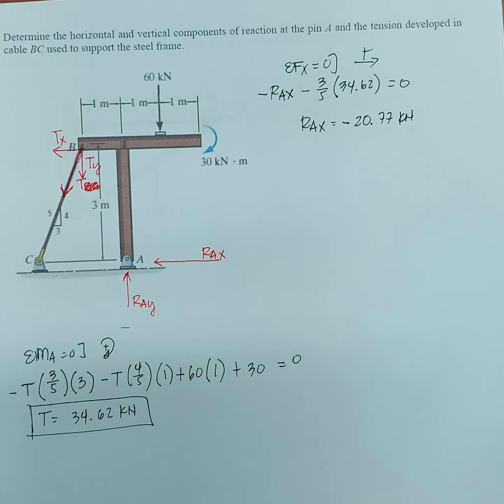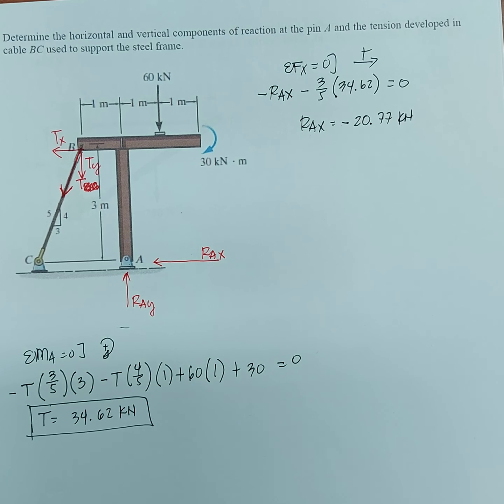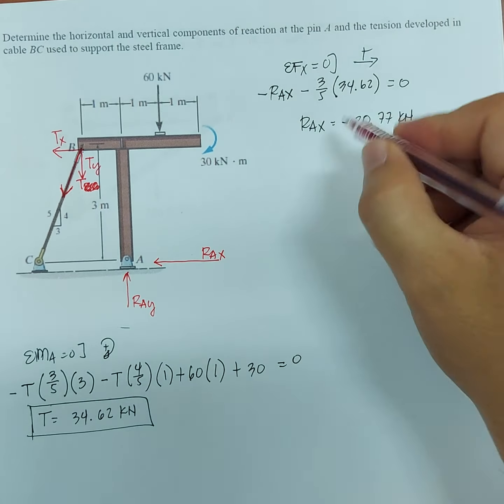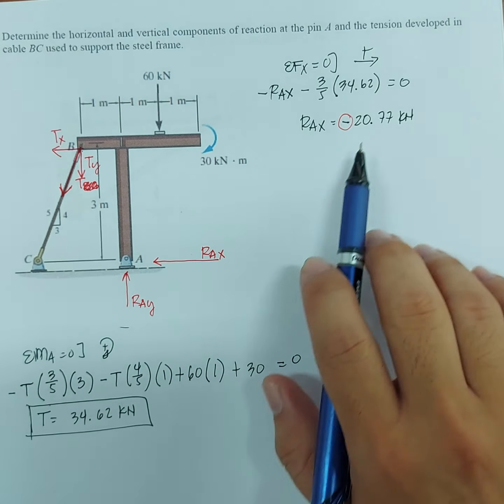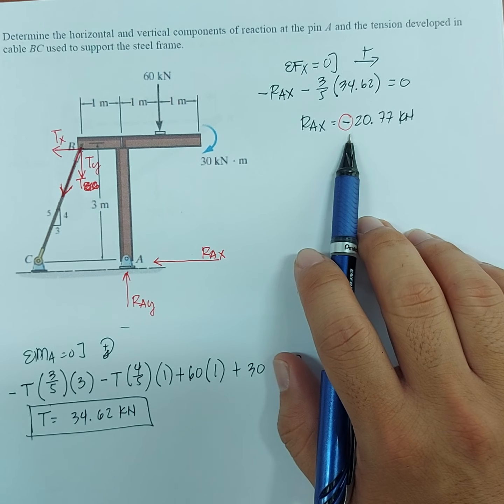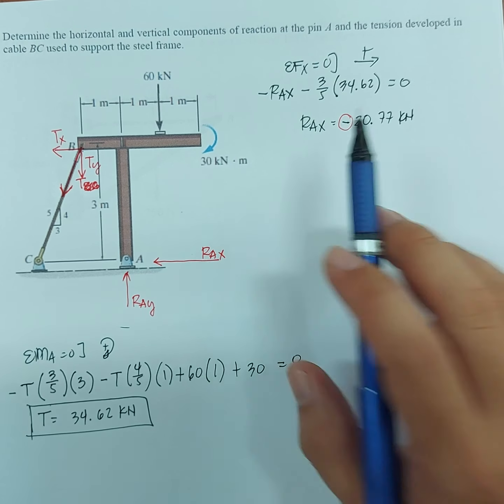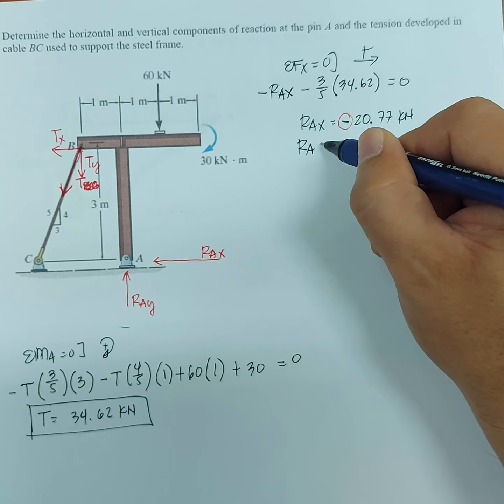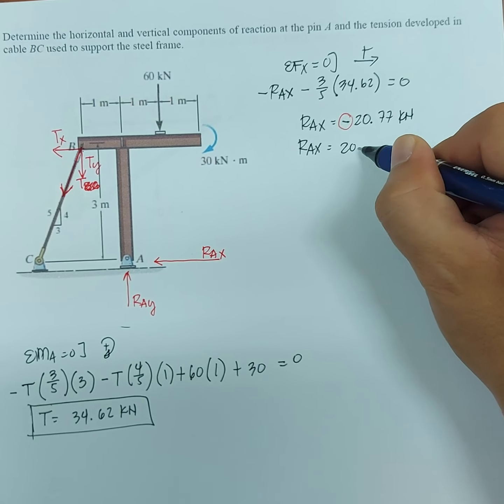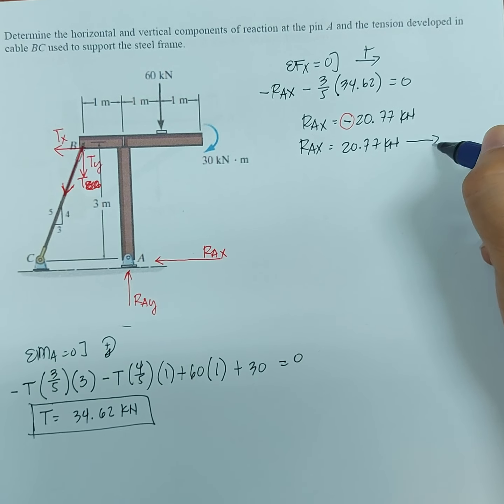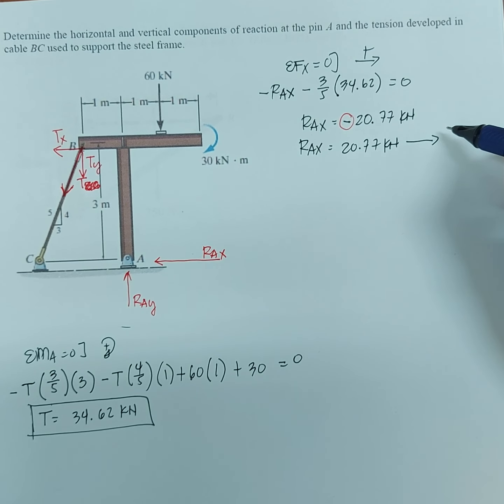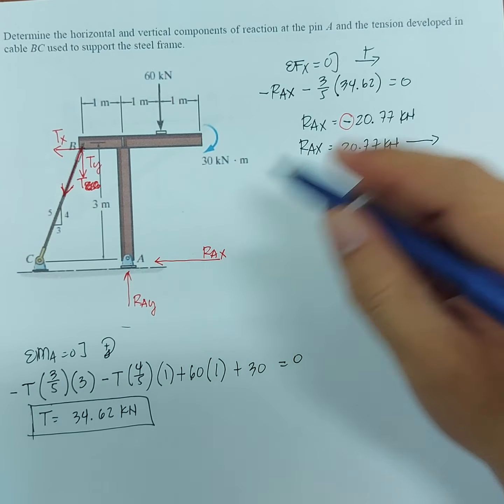Again, the negative sign here means that we have assumed the wrong direction of RAX. So the value is correct, only the direction is wrong. So we can correct it. So RAX is equal to 20.77 kilonewtons. It should be directed to the right. So that's how you correct it. It is not directed to the left.